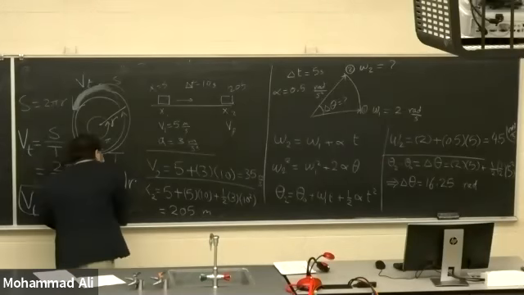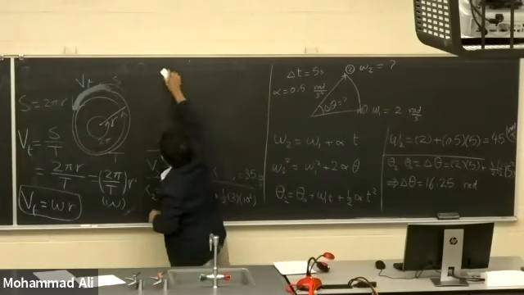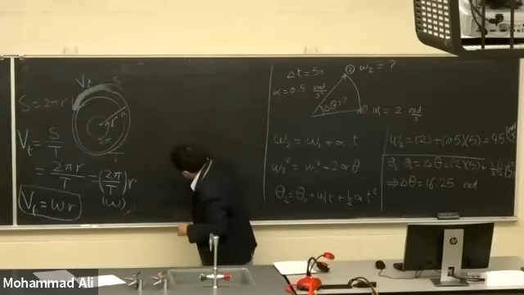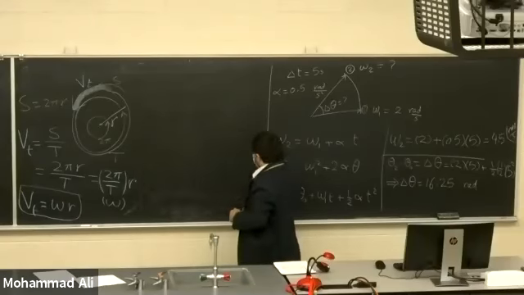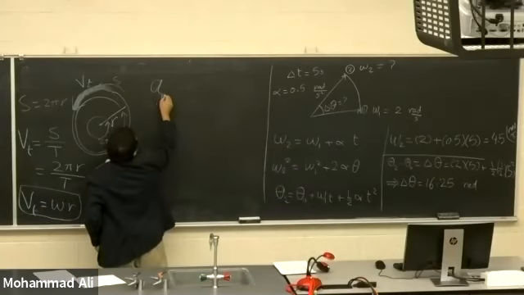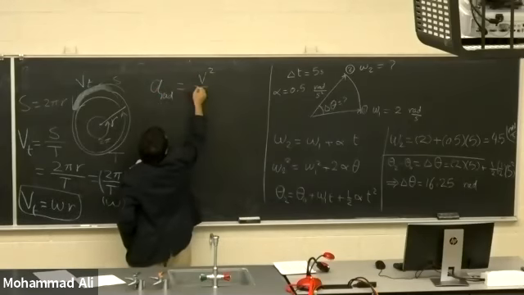Also, from before, we know that there is a centripetal acceleration or radial acceleration. If you remember the rotation of Earth around the sun, the acceleration radially is equal to v squared over r.